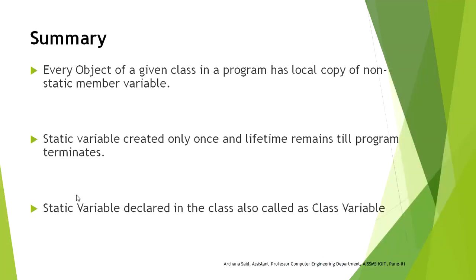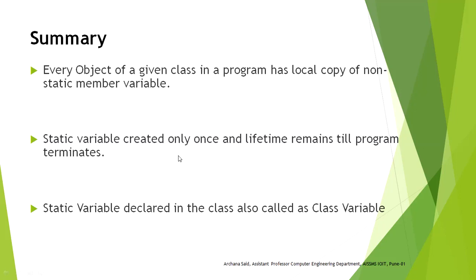So to summarize, every object of a given class in a program has a local copy of non-static member variable. The static variable is created only once, and the lifetime of static variable remains till the program terminates. The static variable declared in the class is also called a class variable, whereas non-static variables are also called instance variables.